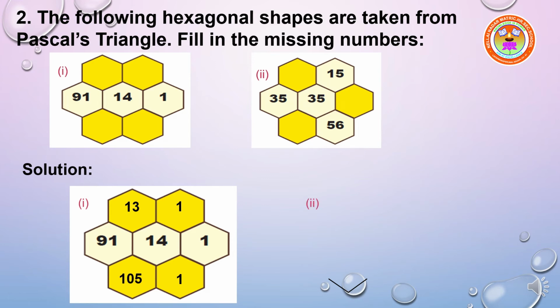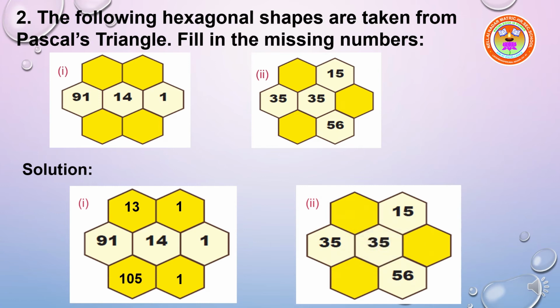For this we are going to consider the first box. 35 is got by adding 15 and one more number. So if I subtract 15 from 35, I will get the other number. What is 35 minus 15? It is 20.